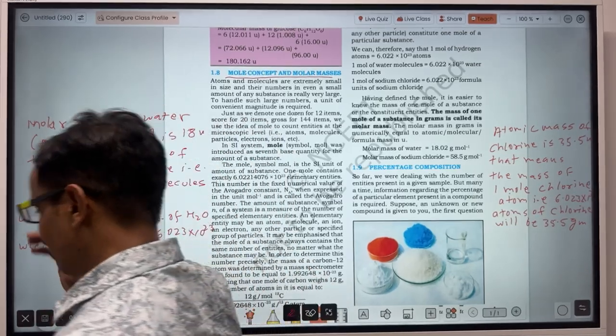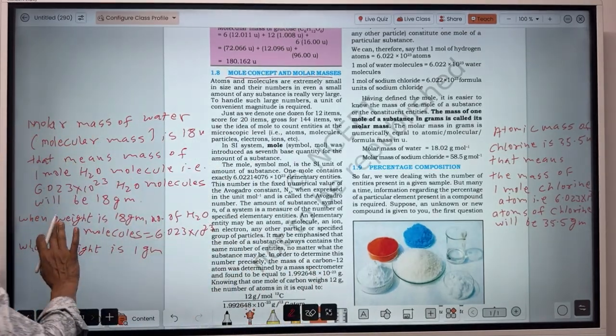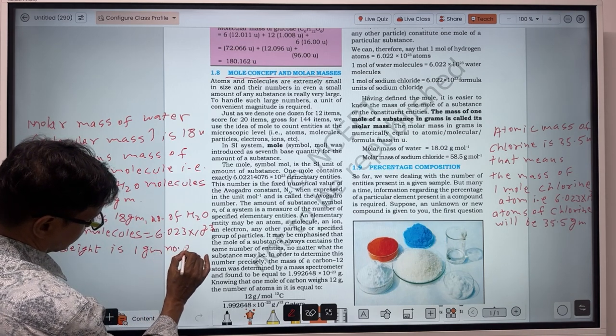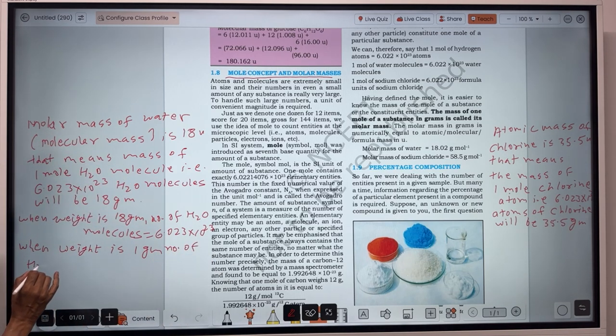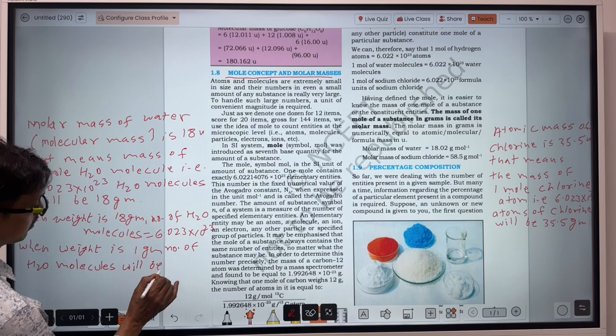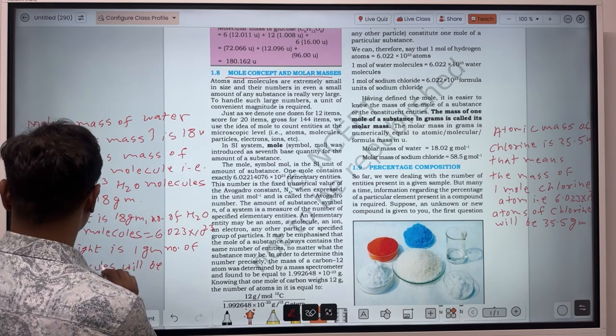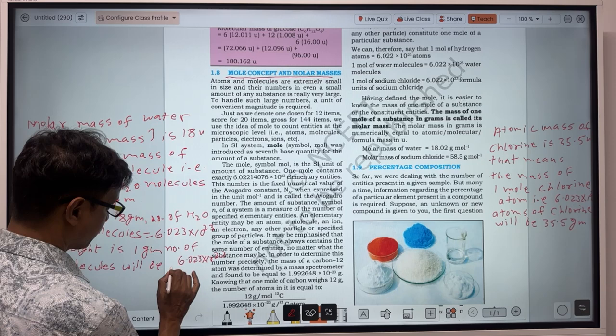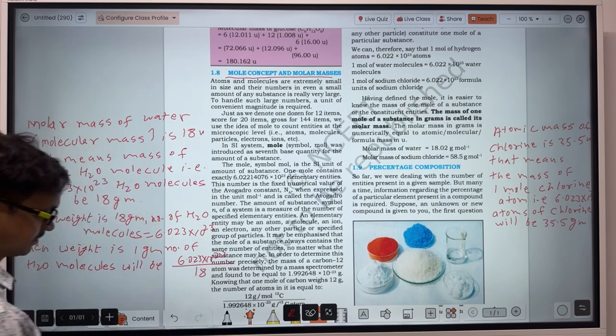So here mass and number are directly proportional. So when weight is 1 gram, the number of water molecules will be 6.023 into 10 power 23 upon 18.